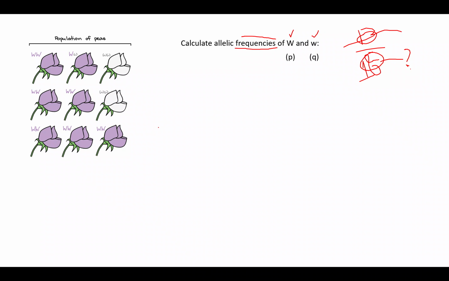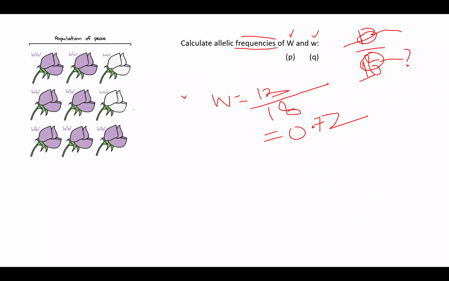So the frequency of capital W is 13 divided by 18. It comes out to be 0.72. That's what I'm asking: what is the allele frequency of capital W?